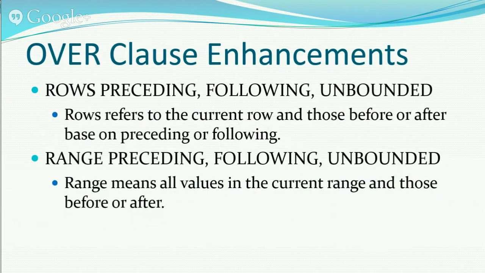But what's been added now to the over clause is the ability to say, look at rows preceding, following, or unbounded, which means instead of the windowing being just grouping or partitioning over a specific chunk, it's going to say, give me the current row inside of that group or chunk and look at n number of rows preceding. You might say, give me 2 preceding or 3 preceding.